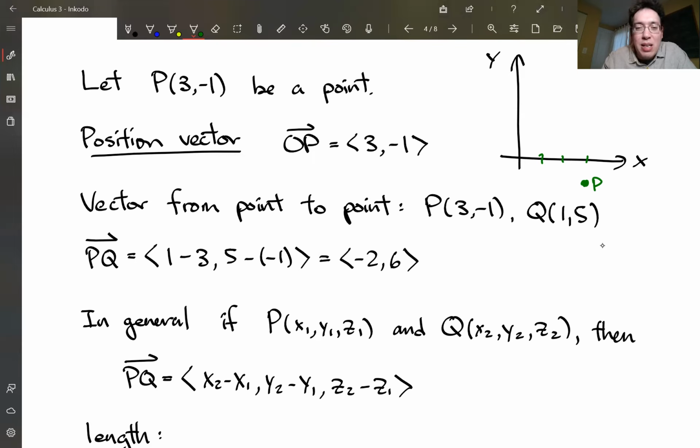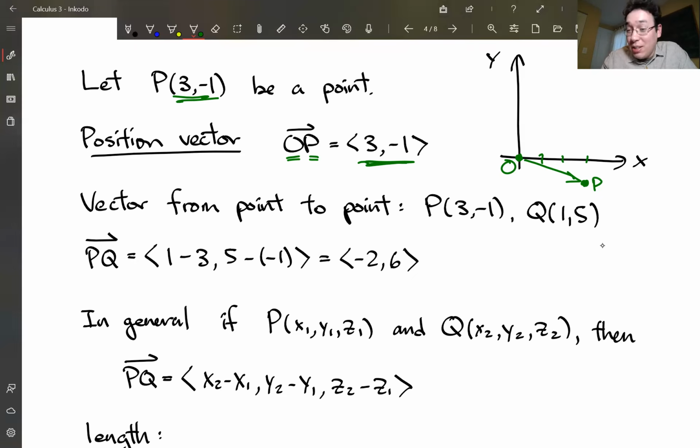It's just a point in space. But you could associate this point with a vector that points from the origin. Usually people reserve the letter O for the origin. So a vector that points from the origin to point P will be that vector <3, -1>, right? If you place a position vector at the origin, it points to the point with the address that has the same components as the vector. I hope that makes sense.